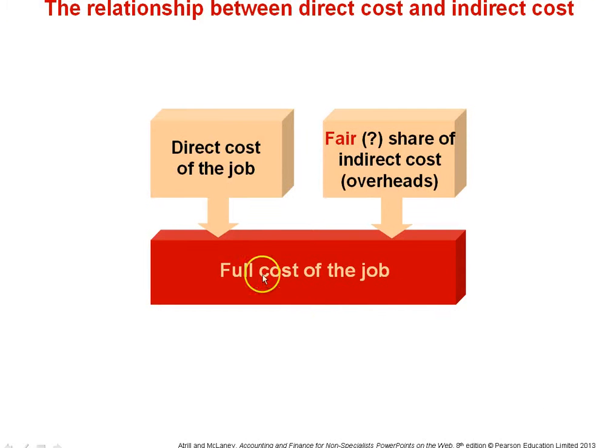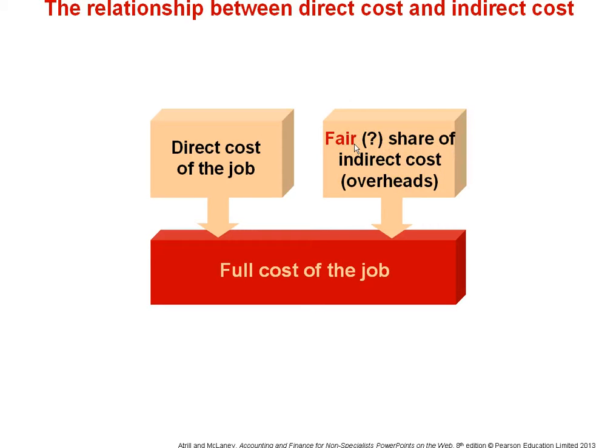So we've got this concept of a full cost of a job, and to get some idea of what we are going to call a full cost, the direct costs obviously part of the job cost, and then we have this rather awkward term I've added in the question mark, a fair cost of indirect overhead.